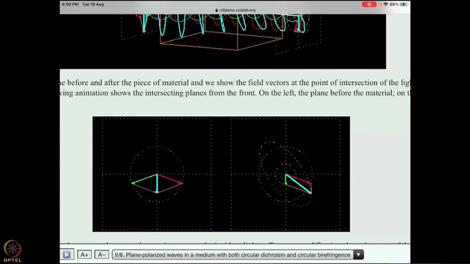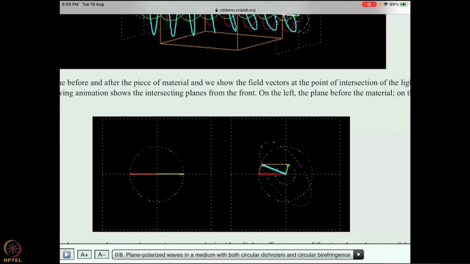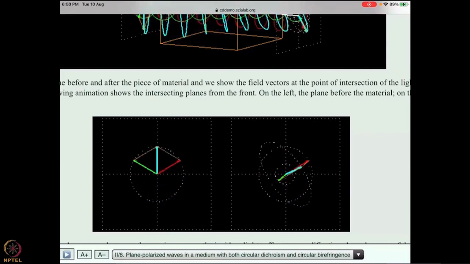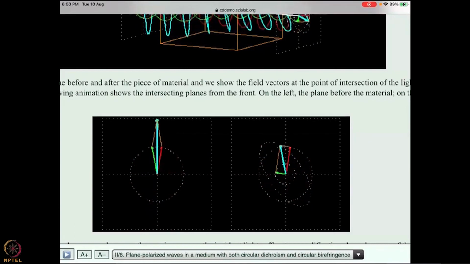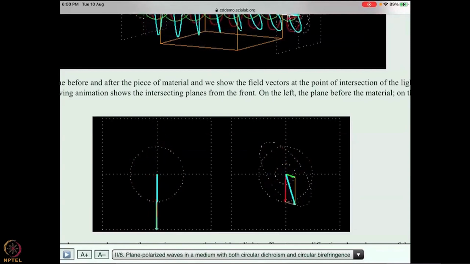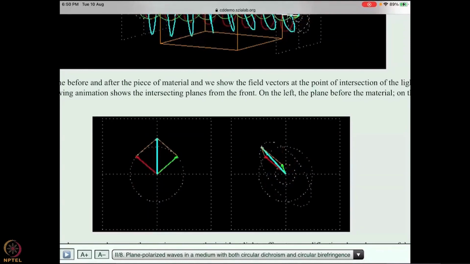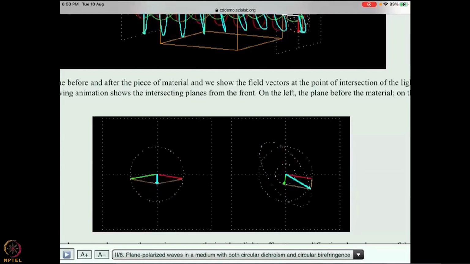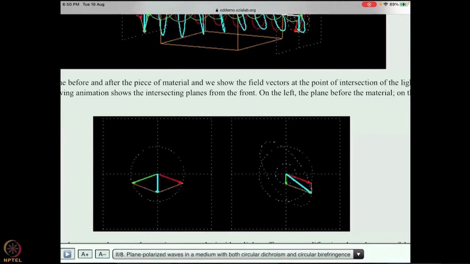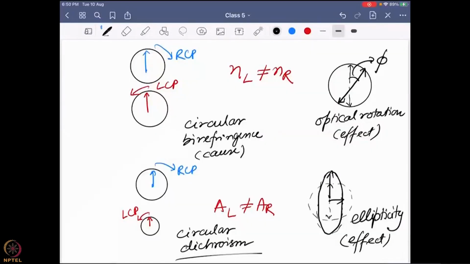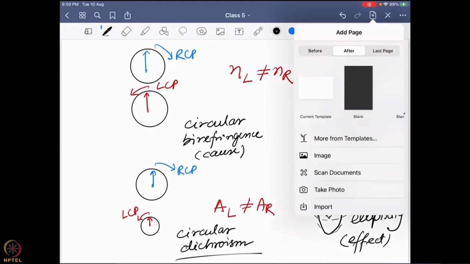It also has been rotated over here. And not only that, you can also see it actually creates an ellipse. So that is what happens in real life. It shows both circular birefringence and circular dichroism. So that is what is going to happen if I have both things coming together.